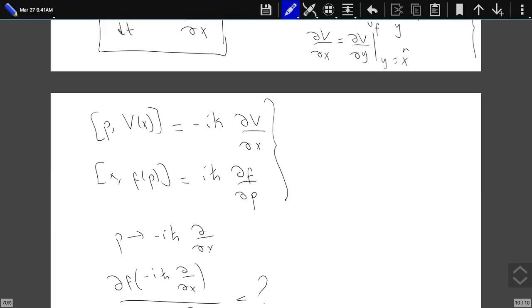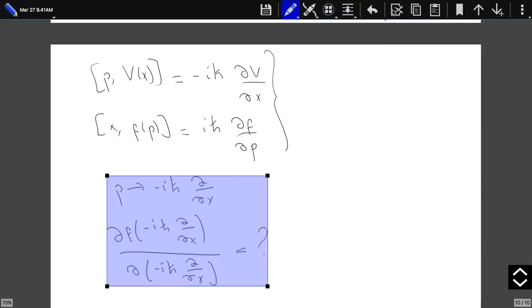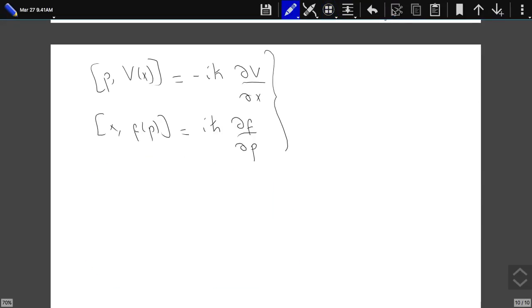So let's just prove these two identities. Well, I will prove one of them. The other one is kind of straightforward. Let's start with this one. This is equal to the commutator of p with V of x.